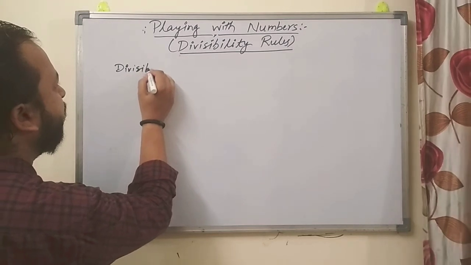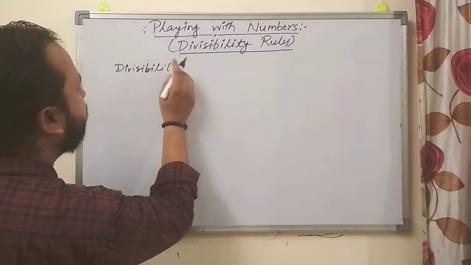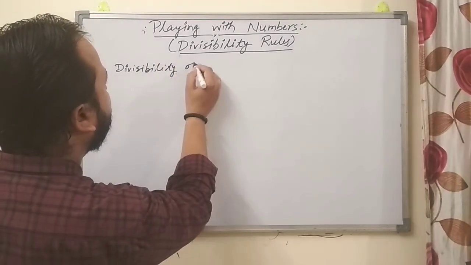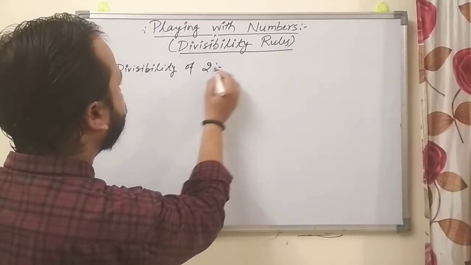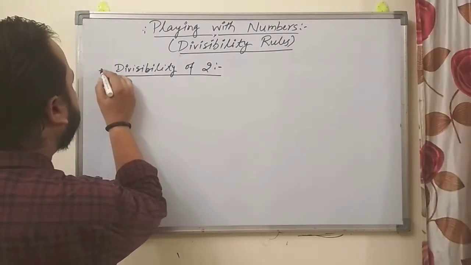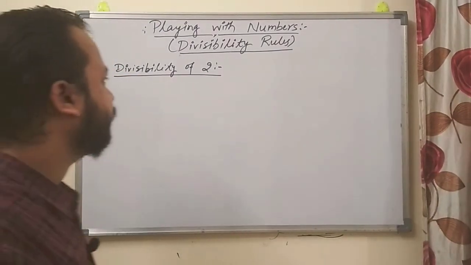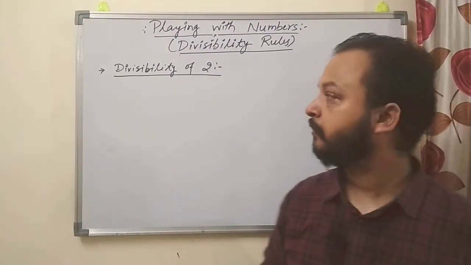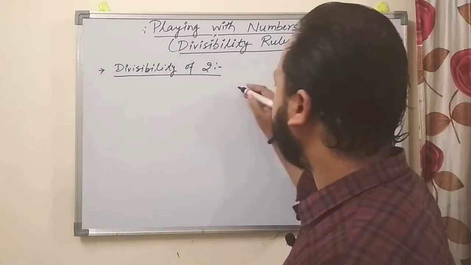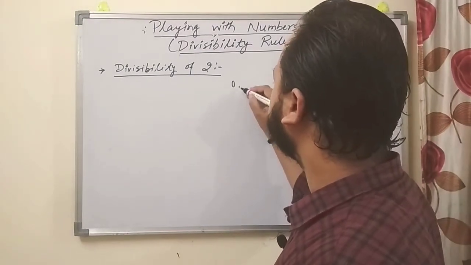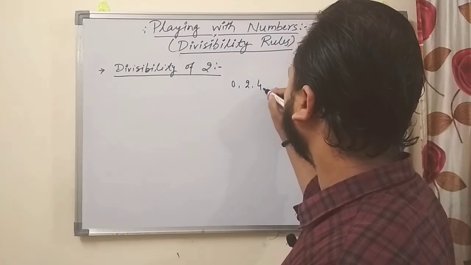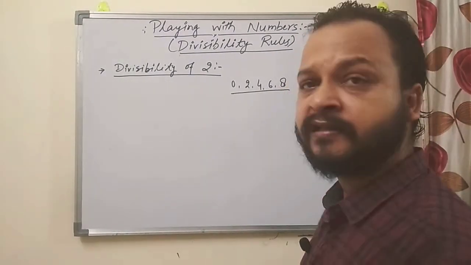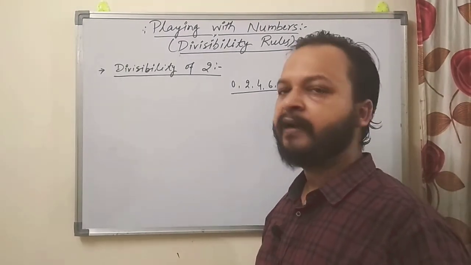Divisibility of 2. Any number is divisible by 2 if the last digit, or unit digit, is 0, 2, 4, 6 or 8.